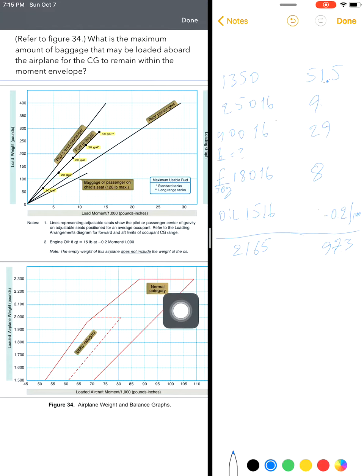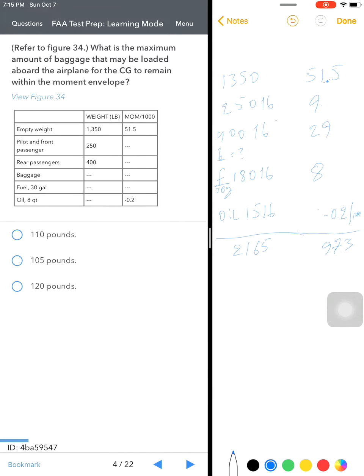So we are exact within the envelope, and it says how much baggage you can load. So I would say if we take 120 pounds or 105, let's say 105 pounds.